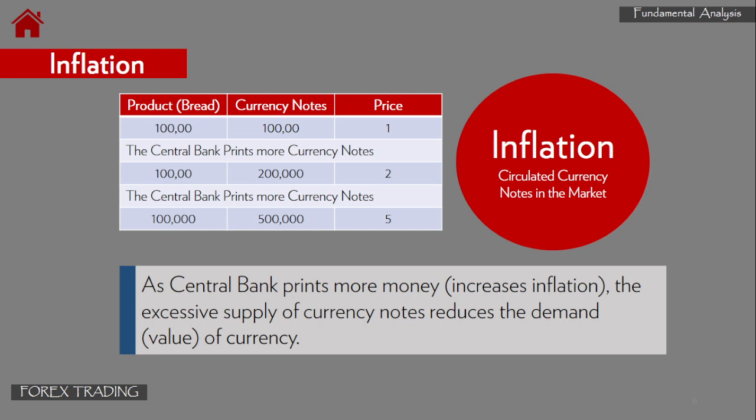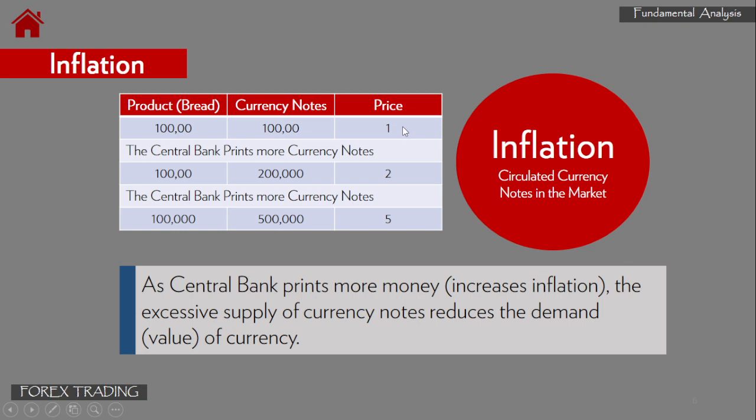Now we have discussed some economic fundamentals. Inflation is basically, you see this red balloon, the circulated currency notes in the market in a particular country. Let's look at an example. There are 1000 units of bread and the same amount of currency notes available in the market, that is 100,000.